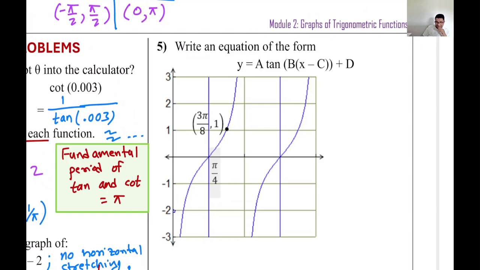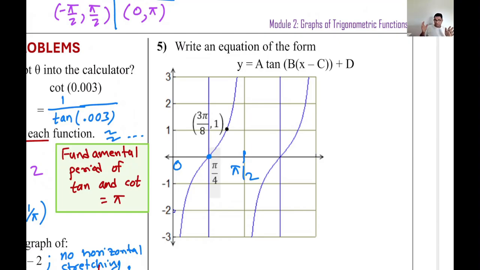What do I see? I see that this line here is pi over 4, mark pi over 4. That means over here is pi over 2 and over here is 0.